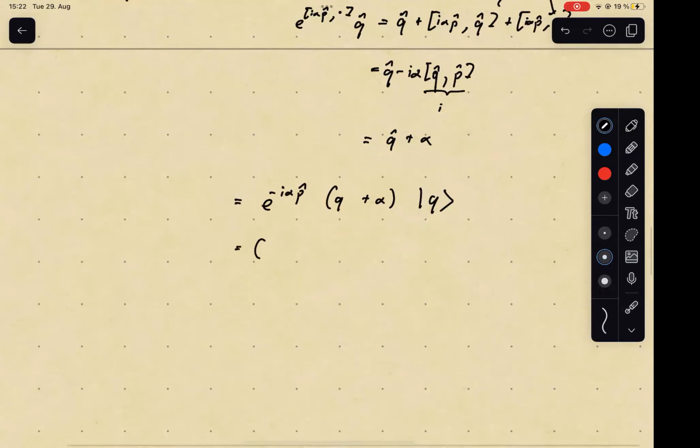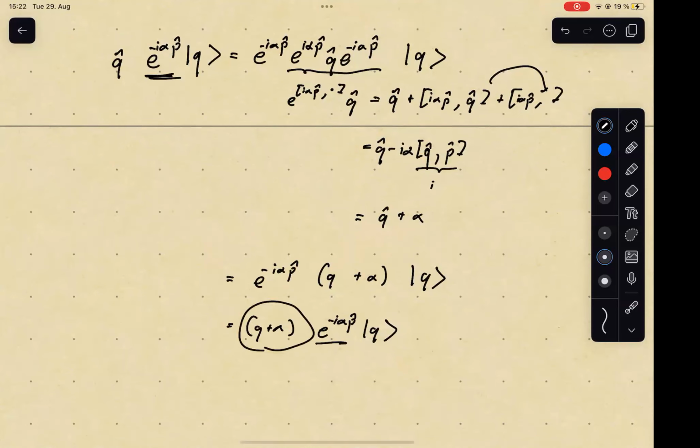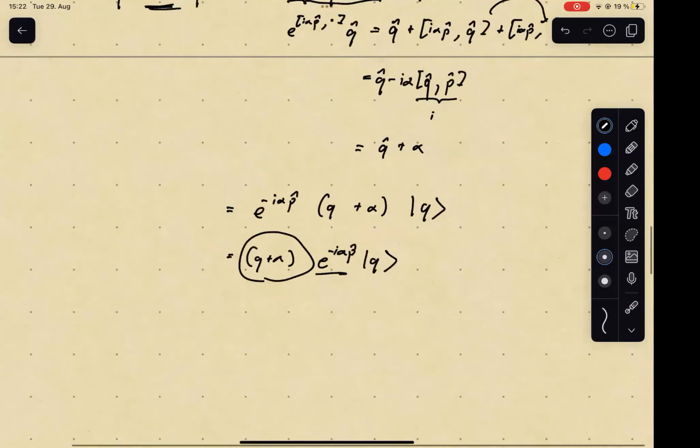So all that this is, is q plus alpha, e to the minus i alpha p, q. Okay, so now what we've learned is that this operator has transformed a position eigenvector at position q to a position eigenvector with eigenvalue q plus alpha. Since we label the eigenvectors by their eigenvalues, this is simply q plus alpha.